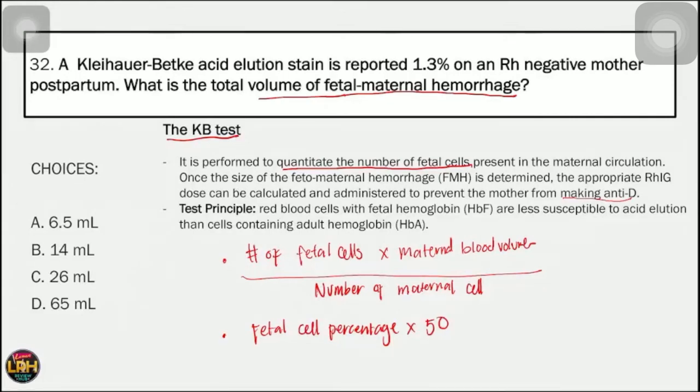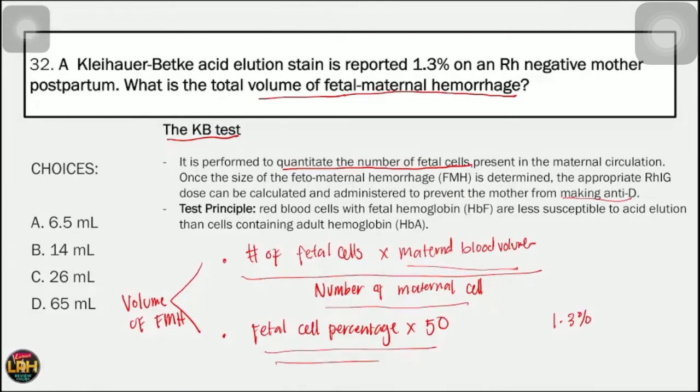So you can get the volume of fetal maternal hemorrhage. For this question, we have 1.3%. Since there's no indicated maternal blood volume or number of maternal cells present, we can directly use the simpler formula, which is to multiply the 1.3 by 50.